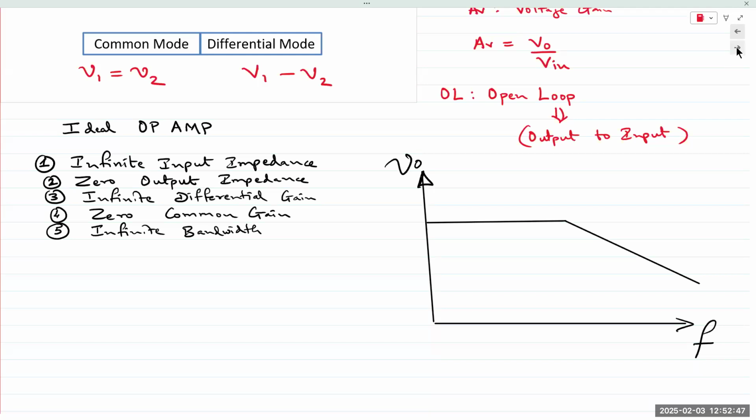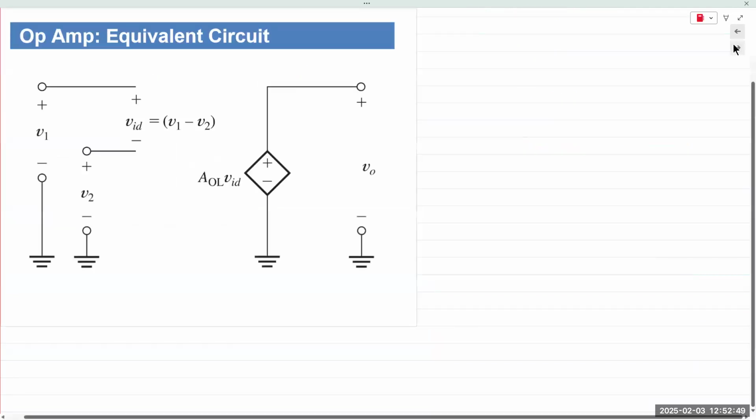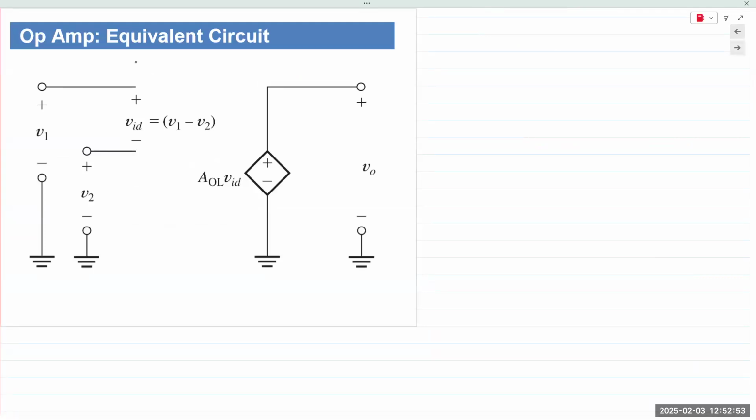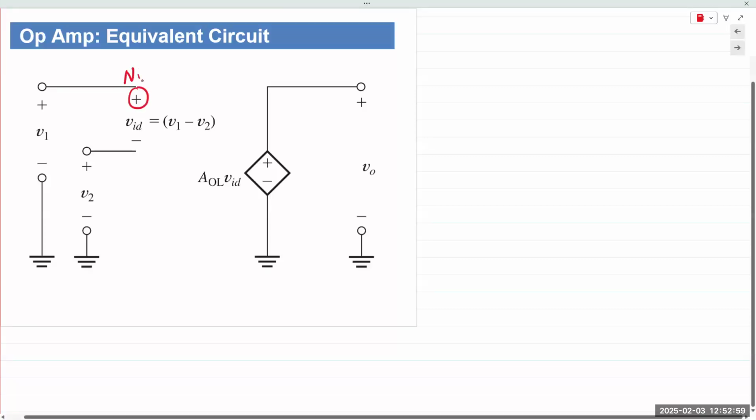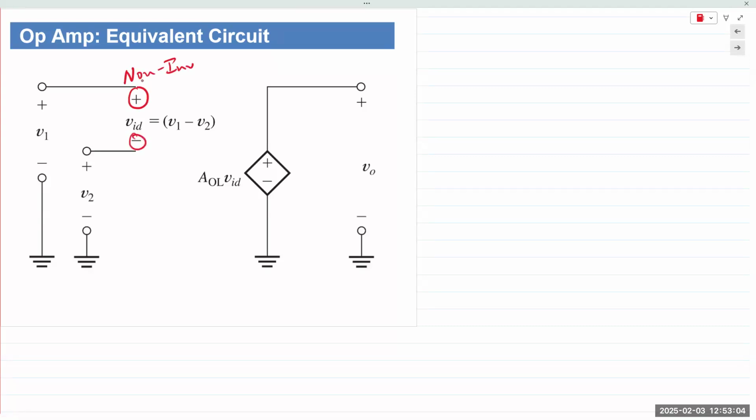Seven minutes left. The equivalent circuit of an op-amp can be drawn like this. We have the non-inverting input at the top and the inverting input at the bottom. So the difference VID is V1 minus V2.